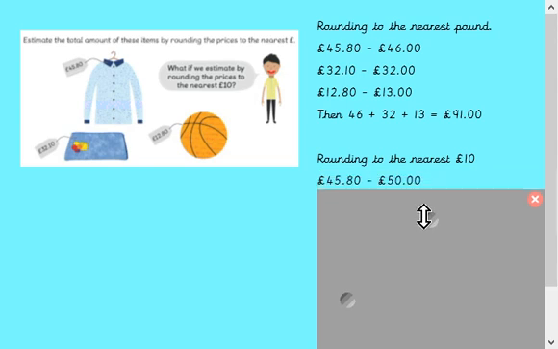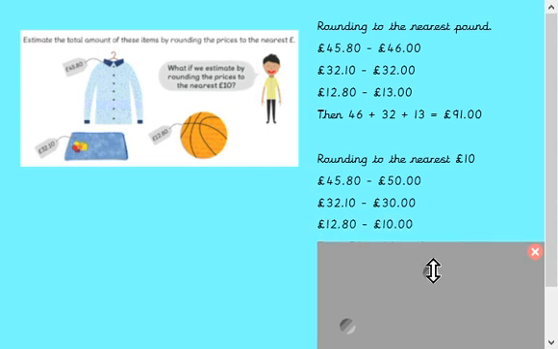So the first one, £45.80, if I wanted to round it to the nearest £10, it would be £50. £32.10 would be £30. And £12.80, if I wanted to round it to the nearest £10, would be £10. And then again, if I add them all together, I get £90.